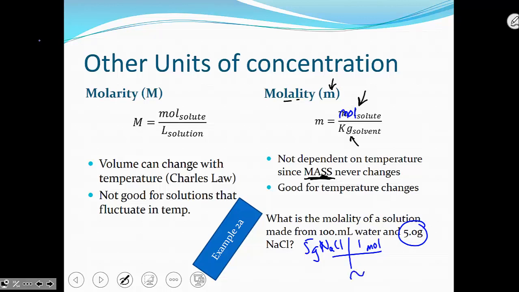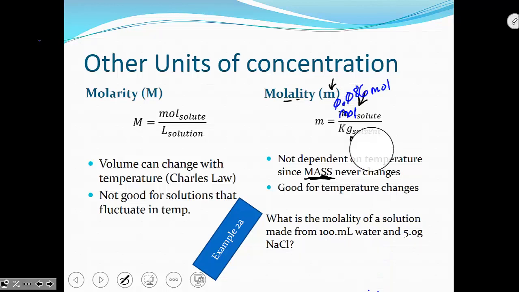Again, we'll use the molar mass off the periodic table for sodium chloride, which would be 1 sodium, 23, and 1 chlorine, 35.45. The molar mass is 58.45, which means that 5 grams represents 0.086 moles.